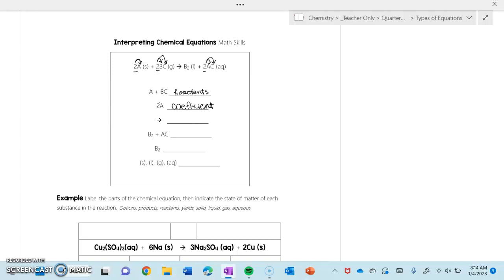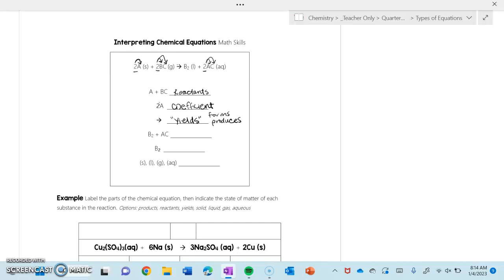Next we have the arrow, and this separates our reaction from what we see before and after it occurs. And so typically we'll say this means it yields. But it means that it forms or produces. Those are other words that you might hear when you are working with reactions.